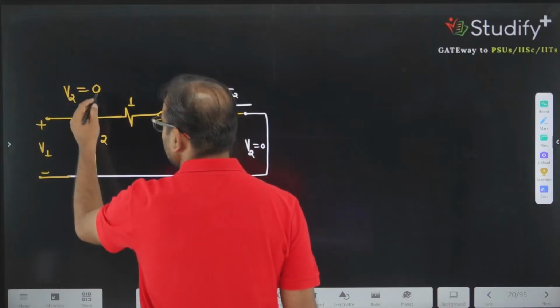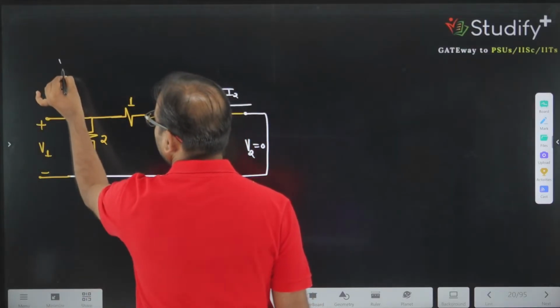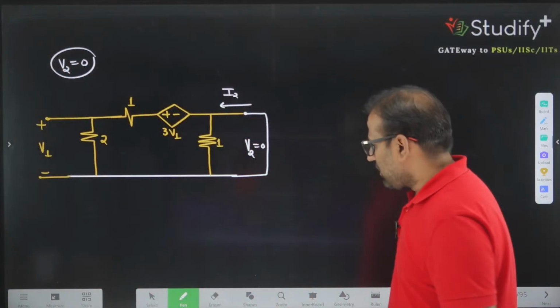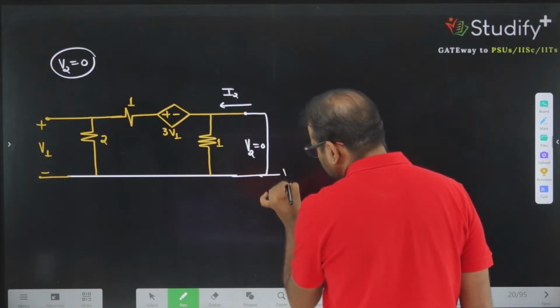Now we can calculate the condition. Which condition are we using? We are using the condition when the output port is short circuited, V2 equal to 0.